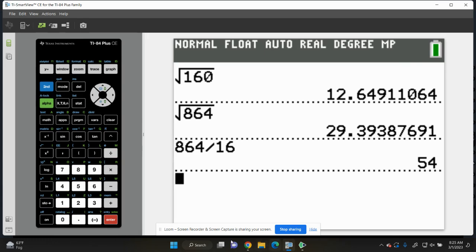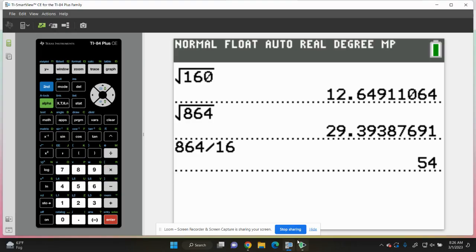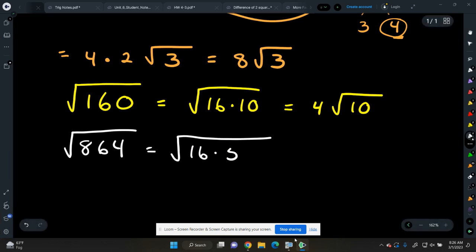Okay, so what's another one? 24. Yeah, but 24 is not a perfect square. Okay, so we got 16 times 54. We could do 24, by the way, Rod. That would be okay. It's just a little bit more work because it's not a perfect square.